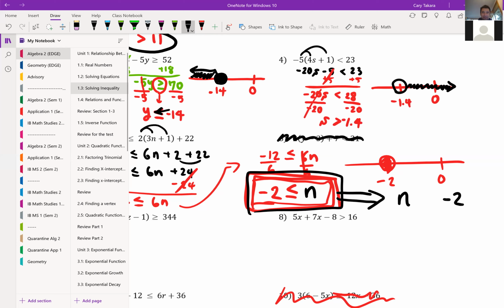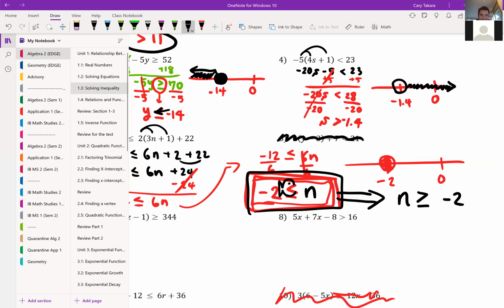This alligator mouth, right? Isn't that how you guys learned? Or the fish mouth is facing towards n, right? That means if you bring n to the left side, the fish mouth, alligator mouth, should be facing towards n as well.